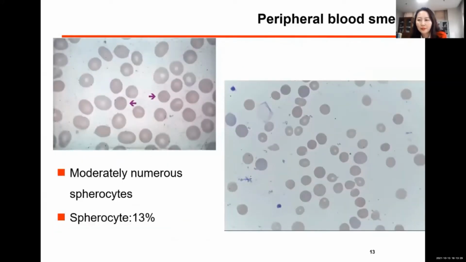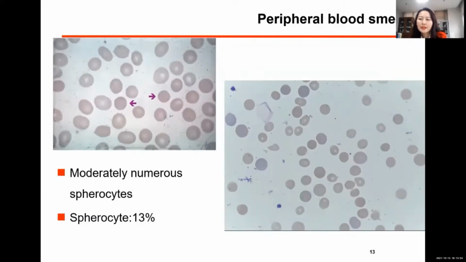In his blood film, we can see some cells with normal central pallor, but we can find moderately numerous spherocytes. This is a spherocyte. These spherocytes, their relative count is 13%.